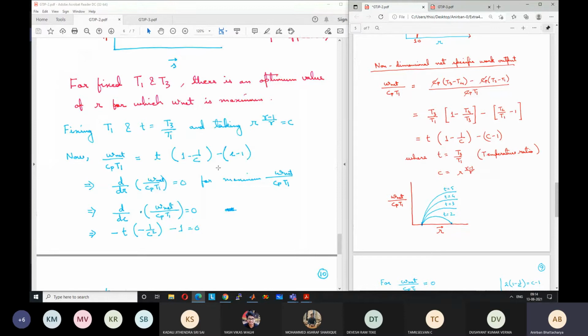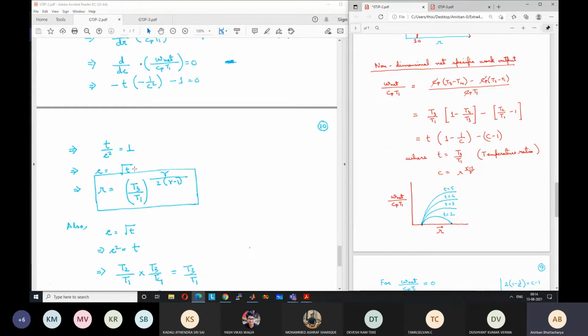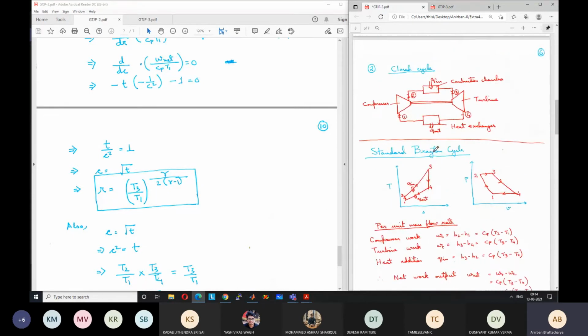And if you take a derivative of this term with respect to C, you will get minus T by C square from this first term, and this will give you minus 1. The other terms are 0. So which means that T by C square is equal to 1, or C is equal to root T, or R is equal to T3 by T1. Let me keep the diagram open.